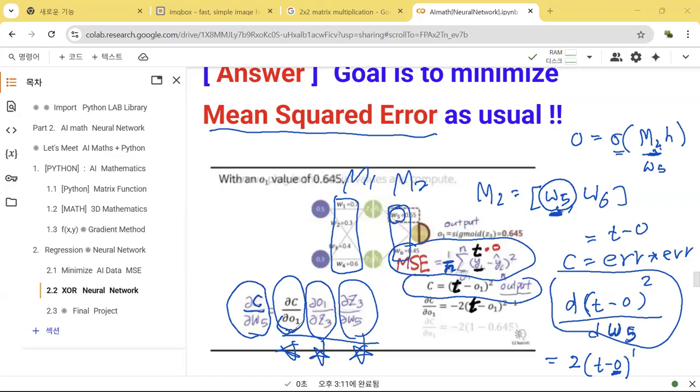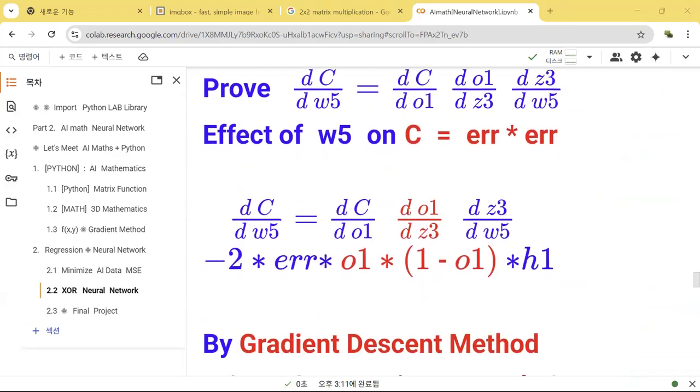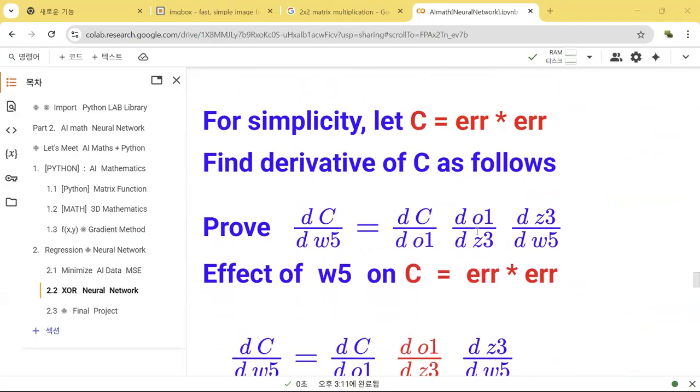We just find out the derivative with respect to O1, this O1. The derivative of T minus O1 squared with respect to O is 2 times T minus O. The derivative of this minus O is minus 1 over there. Okay, you can find out this one, also this one and this one, one by one. Just check this kind of thing, and you can get the answer.